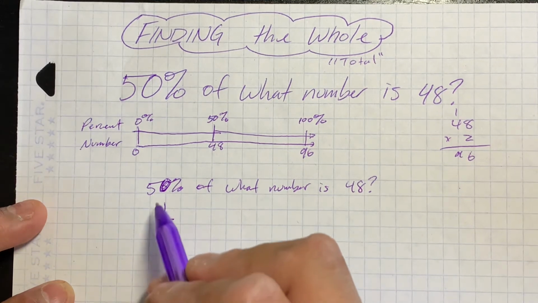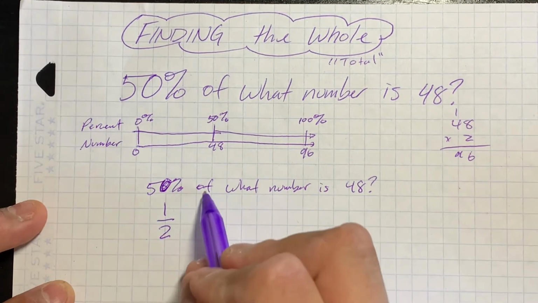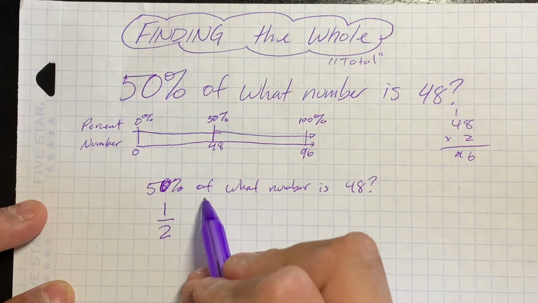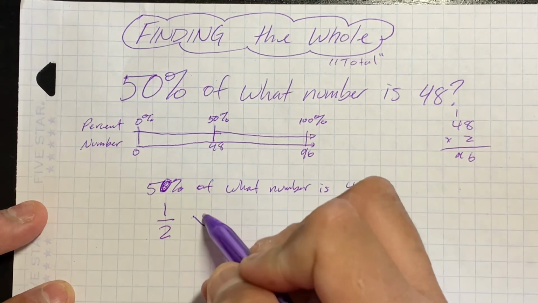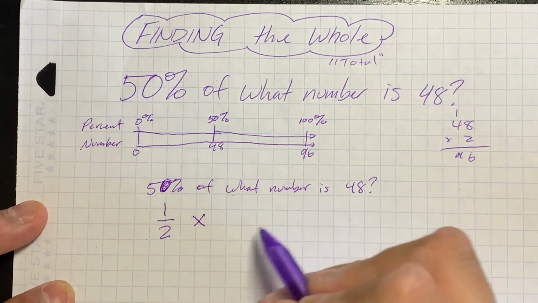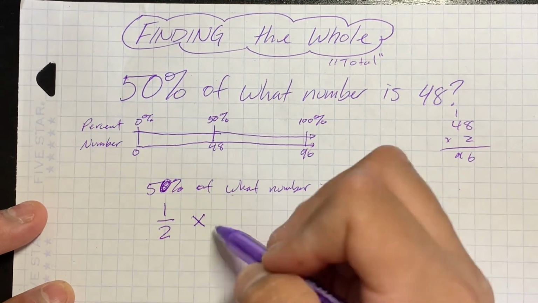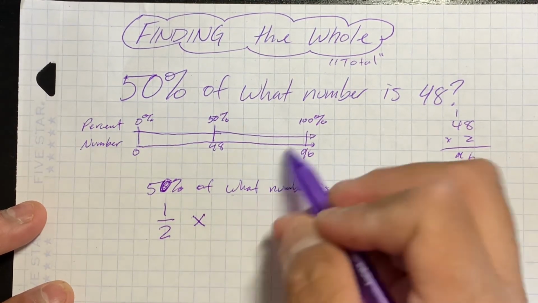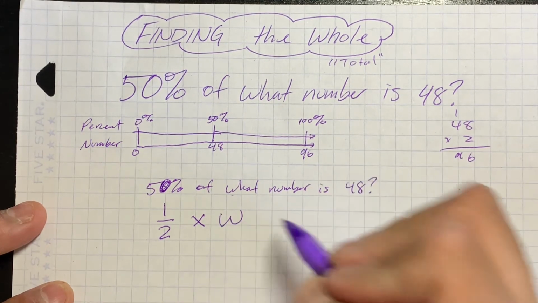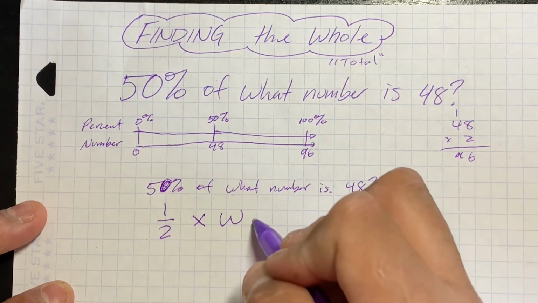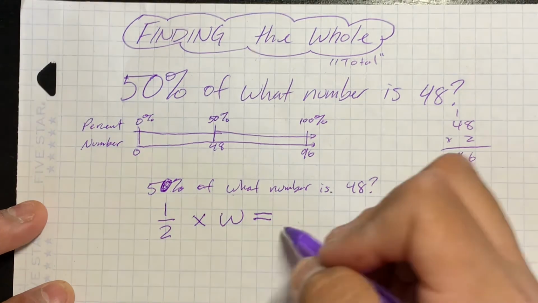Okay, so half is 50%. Of, remember, of in multiplication means to multiply. What number? We're going to have a variable. Again, we're going to look for the whole. So we'll put W. Is means to just put the equal sign there, and then 48.